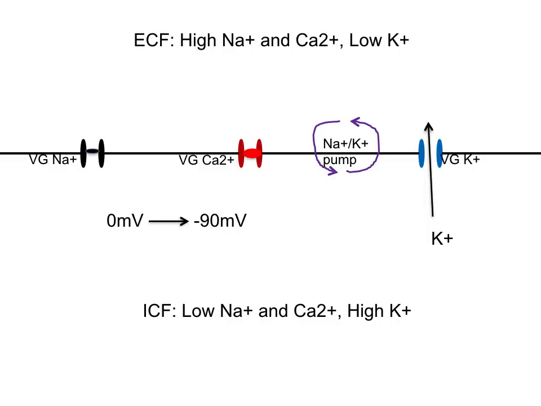So we're losing positive charge to the exterior. We have got sodium ions being pumped out thanks to our little sodium-potassium pump. So we're losing a lot of positive charge, especially thanks to the potassium outflow. And this is going to help drop our membrane potential back down to our resting voltage. So we are going to repolarize from that 0 millivolts back down to minus 90 millivolts.